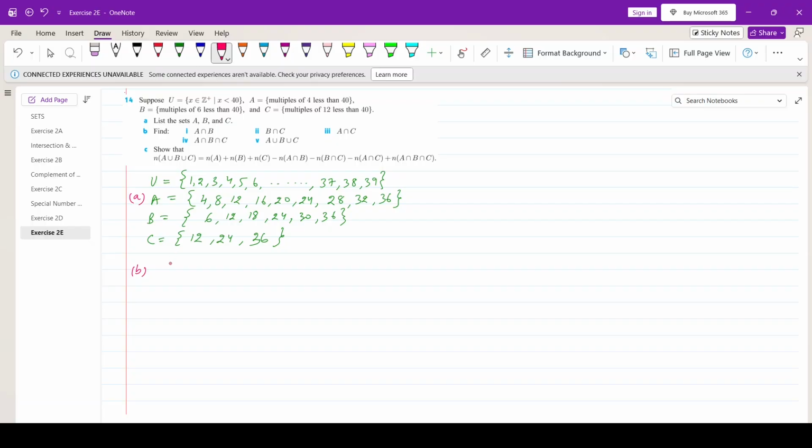Part B, find A intersection B. That will be common elements from A and B. So 6 is not present here, 12 is present. A intersection B is 12, 18 is not present, 24 is, 30 is not present, 36 is.